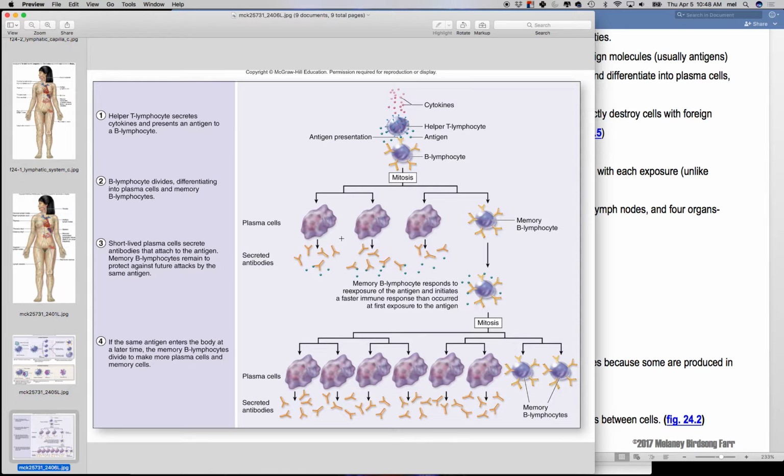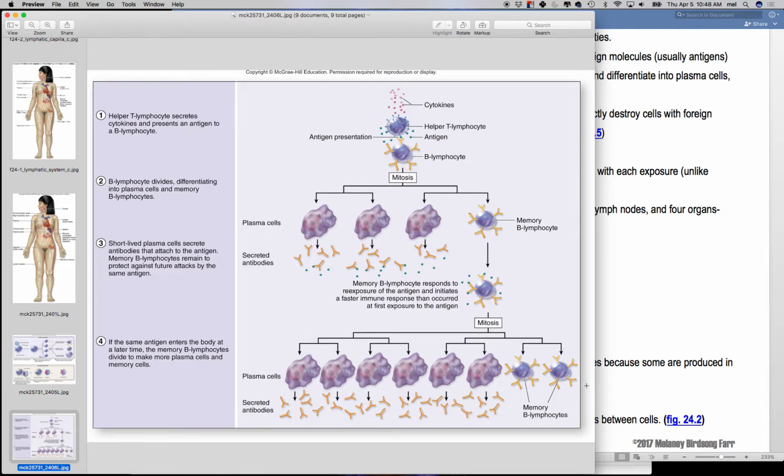They are specific heat-seeking missiles for that antigen. Okay? But in addition, and this is really important, they make a memory cell that remembers the exposure to that antigen, and then it goes through cell division again, right? And it makes cells that make antibodies to whoop up on it, and then it remembers for next time, right?